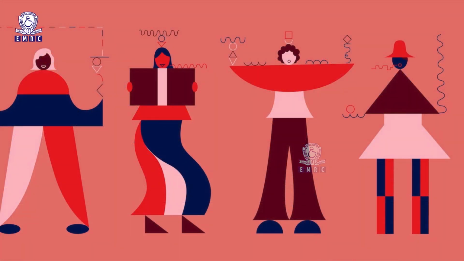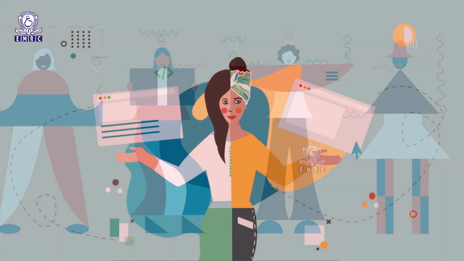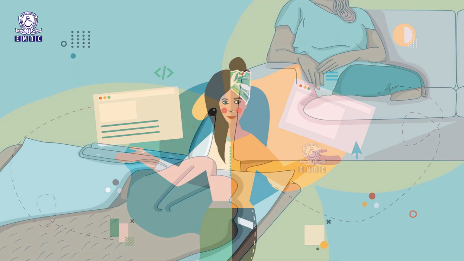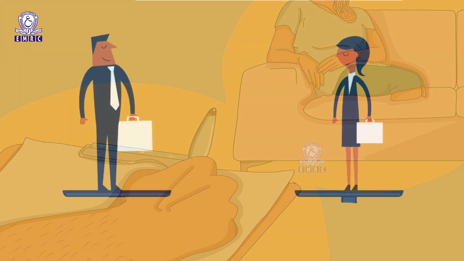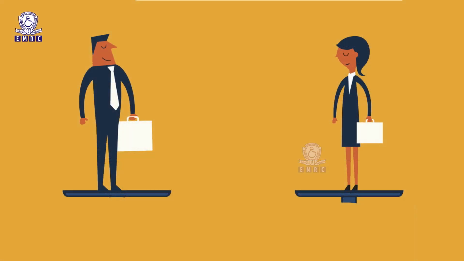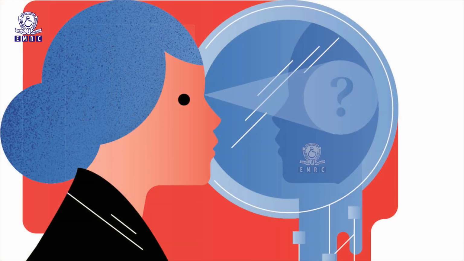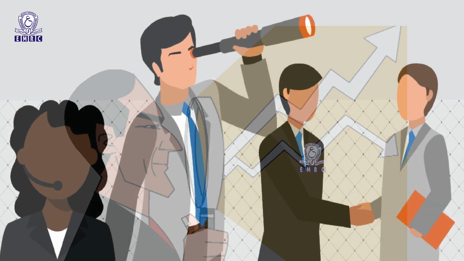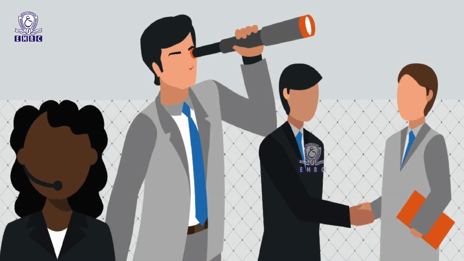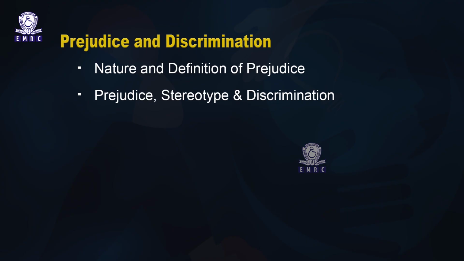Similarly, a generalized prejudice against foreigners or amputees may not include specific stereotypes or acts of discrimination. There may be times when discrimination takes place without prejudice or stereotyping, either intentionally or unintentionally. Now we'll look at the origin of prejudice.